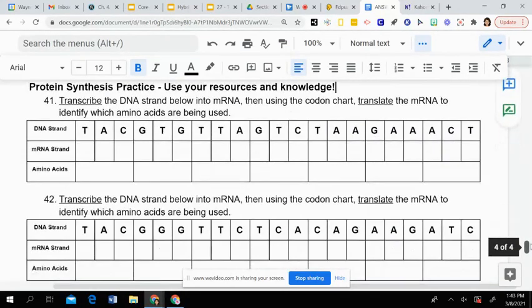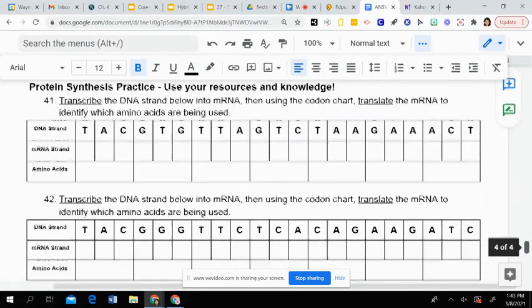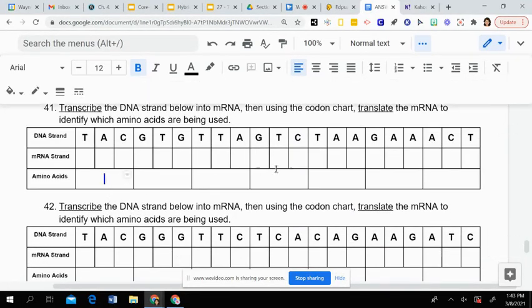You guys then should have gone through the protein synthesis practice using those worksheets and examples. I'm going to just run through the amino acids quick because if you have the correct bases, you'll get the correct amino acids. You should have MET, HIS, ASN, GLN, ILE, LEU, and then the stop codon for the first one.